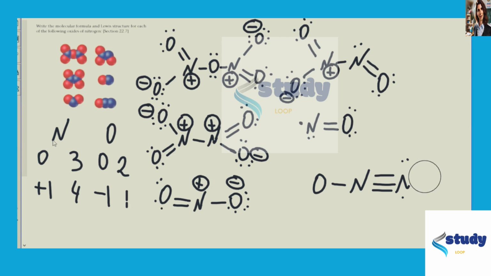And to remove those, to make sure that we don't exceed 8 electrons around nitrogen. Then this nitrogen is 4-valent. It has a positive charge. And this oxygen has a negative charge and 3 lone pairs.